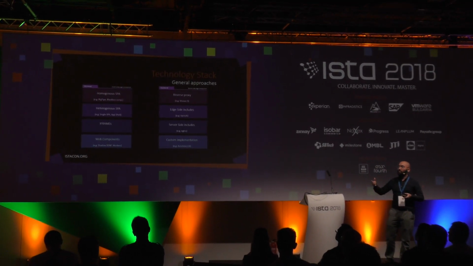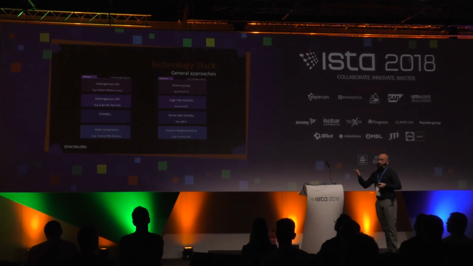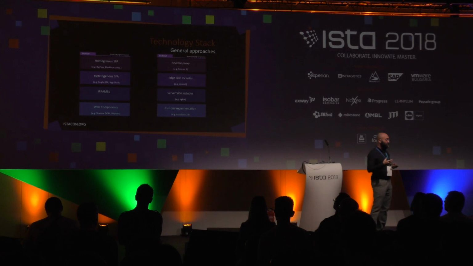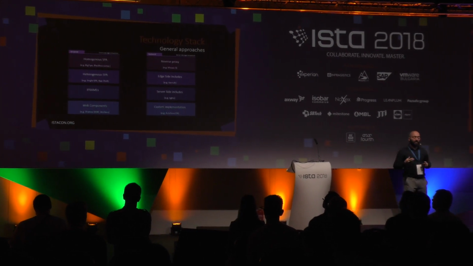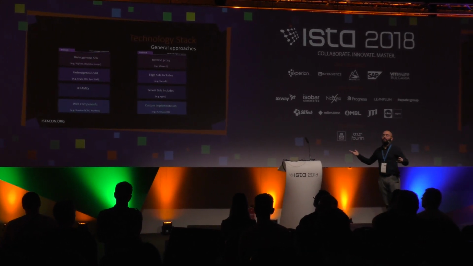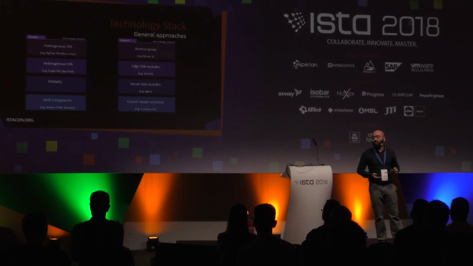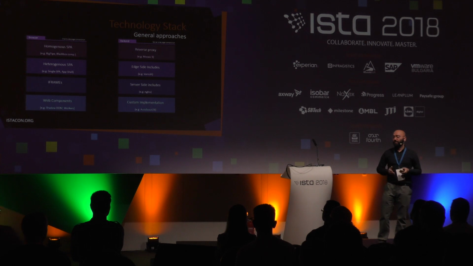And if you want other people to extend your service, you might want to go with this homogeneous SPA. That means that you say to your clients, we use Angular, or we use React, or we use Vue.js, and everybody has to go with that.